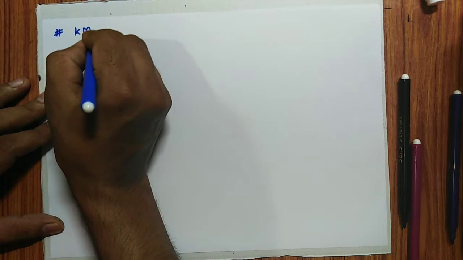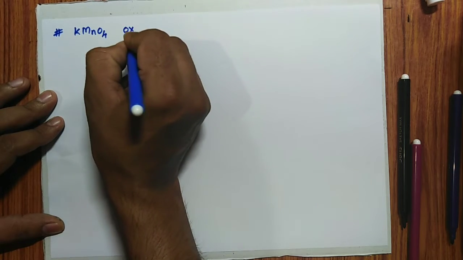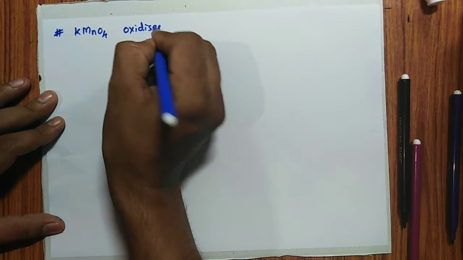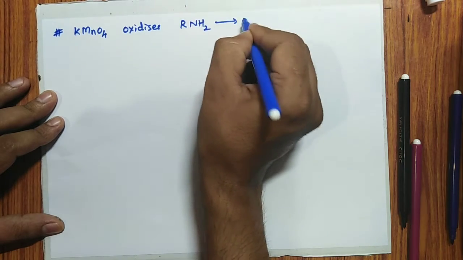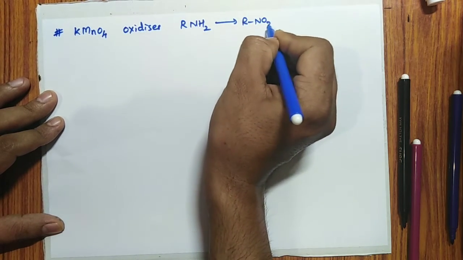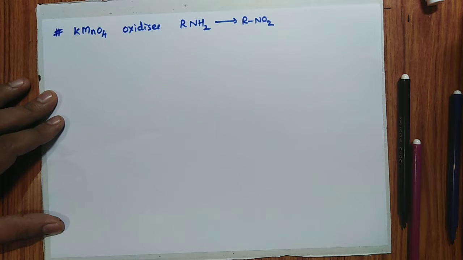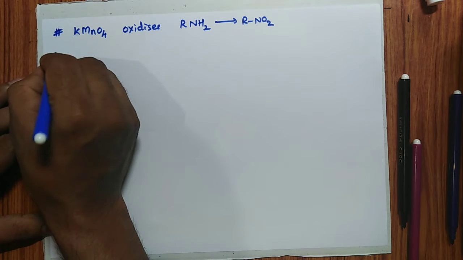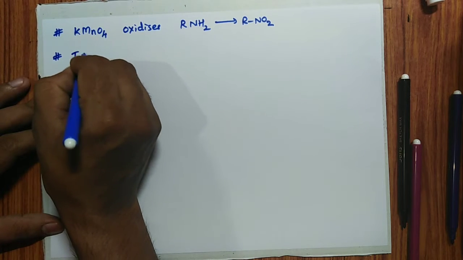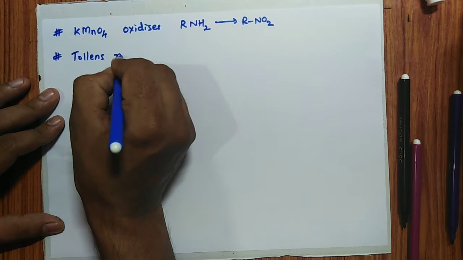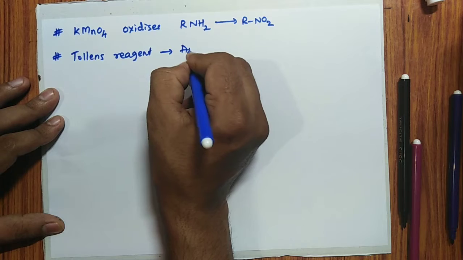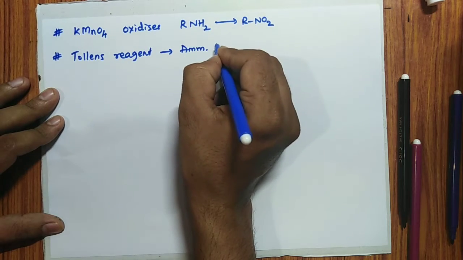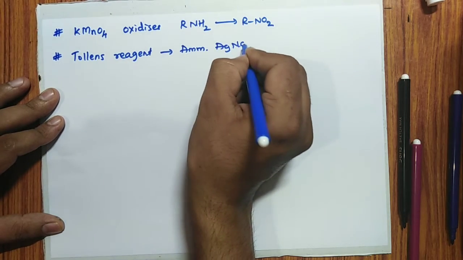Remember that. Now, KMnO4, if I consider, KMnO4 oxidizes primary amines to RNO2 also, that is nitroalkane. It can convert. Then we know Tollens reagent. So what is Tollens reagent? Ammoniacal silver nitrate, AgNO3.